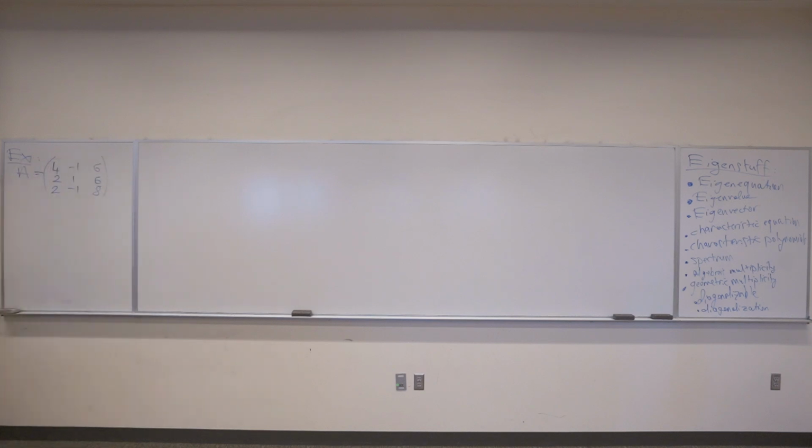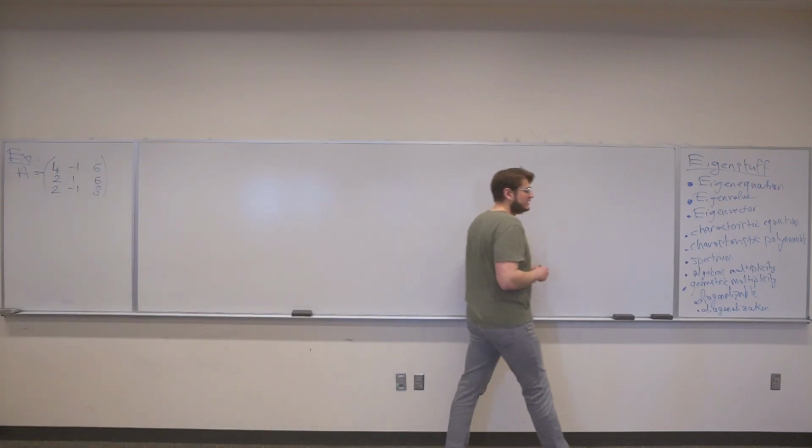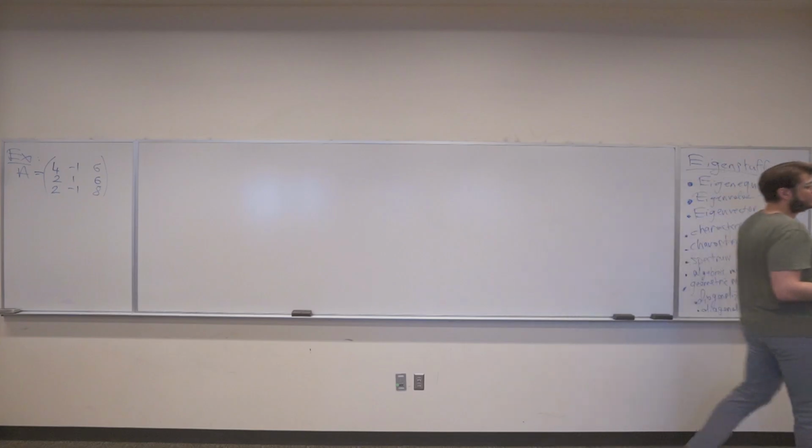Now, in general, if you have a matrix like this that has no symmetry whatsoever, it's not diagonal, it's not lower or upper triangular, then the eigenstuff becomes rather hard. Even though row reduction is still useful in general, for eigenstuff it's not as useful.